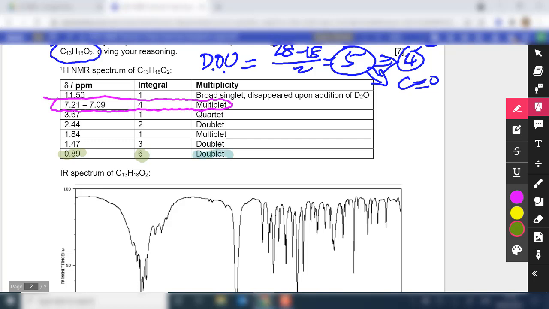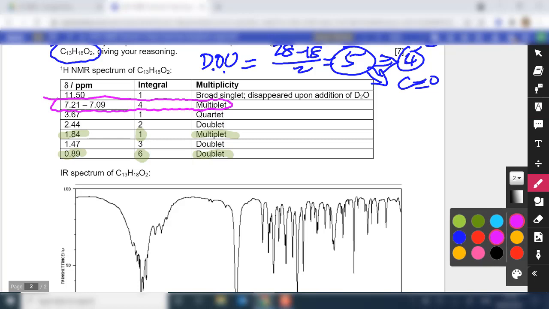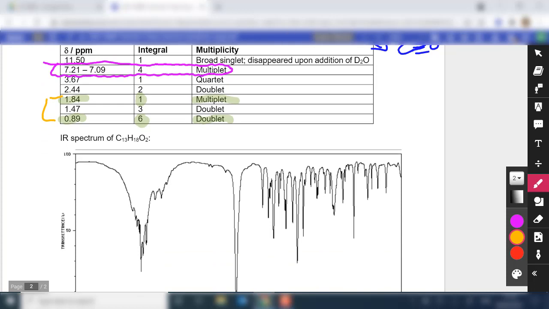And then we have 1.84, with integration ratio 1, and it's a multiplet. So with this, you can actually pair up these two. The reason why you can pair up these two is because this gives you a very characteristic structure.